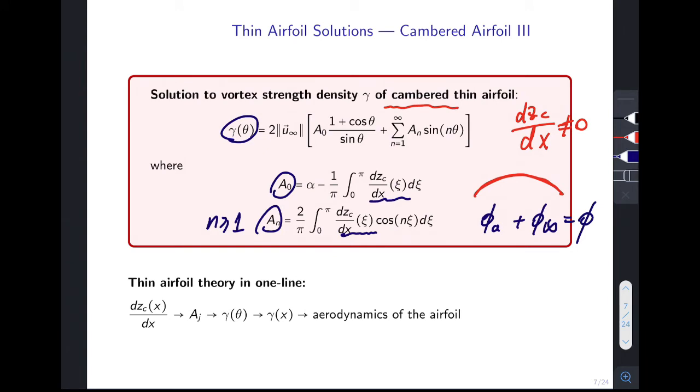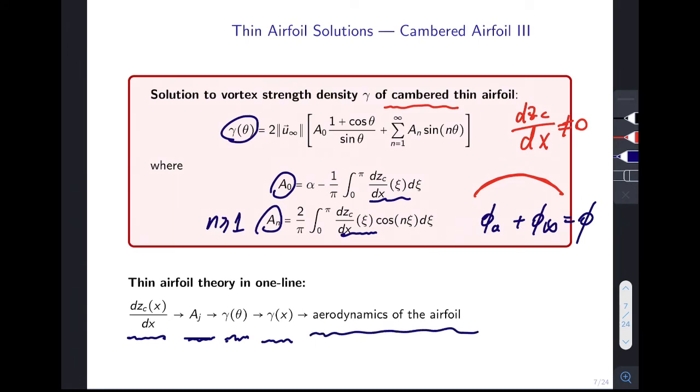Okay, good. So the overall logic is you have the geometry information, you compute aj using numerical integration, and then aj tells you gamma theta thanks to the beyond-the-course general form, and then you use the theta-x relation, you can figure out gamma x.